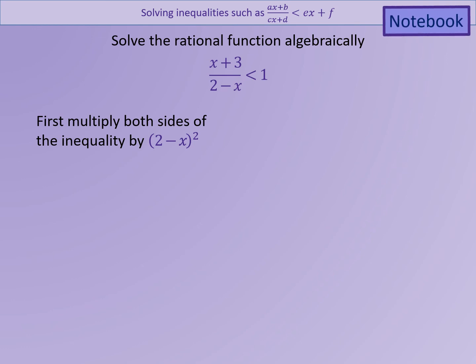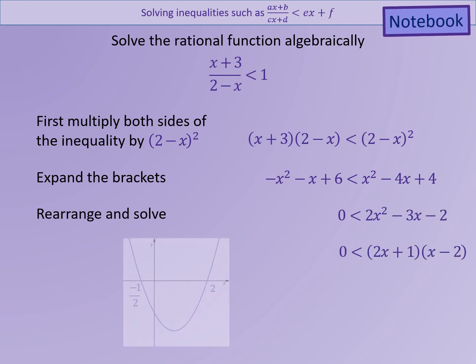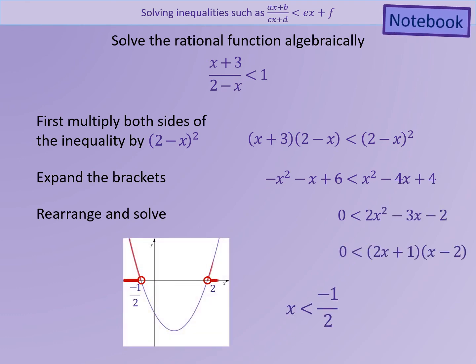So we're going to multiply the left side and the right side by (2 - x) squared. This leaves us with (x + 3)(2 - x) and (2 - x) squared on the right-hand side. Multiplying this out and rearranging gets us to the two solutions that we had when we looked at the graph.